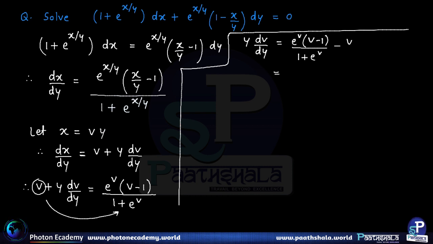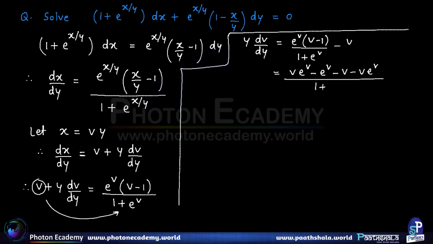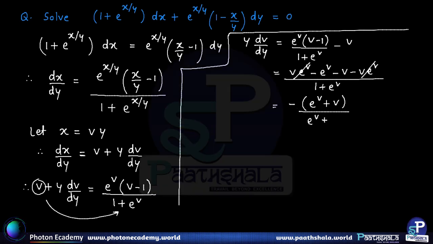So let us expand the bracket and cross multiply to simplify it. We see that the term v e^v gets cancelled, and in the remaining two terms, taking the minus sign out, we have e^v + v, and the denominator I can rewrite as e^v + 1, and on the left hand side we have y dv/dy. Now it is not difficult to separate the terms.